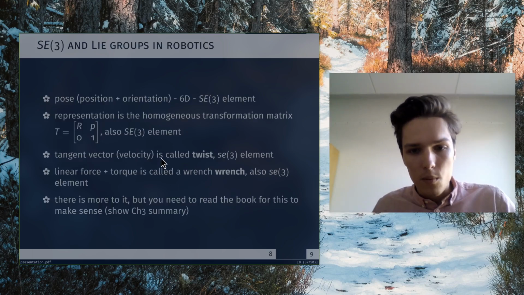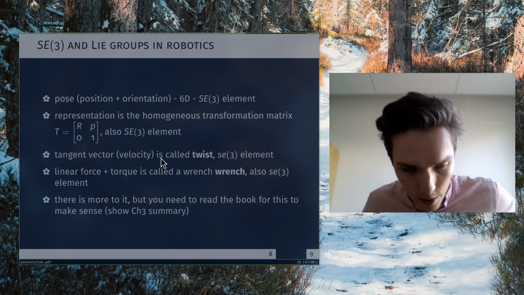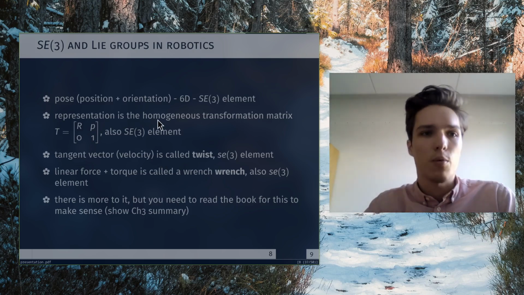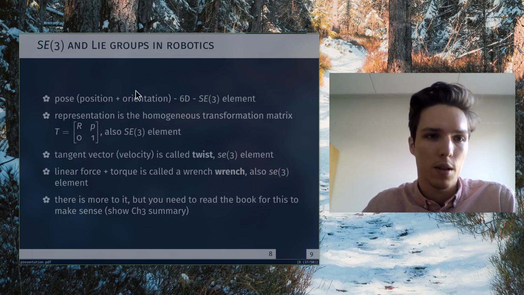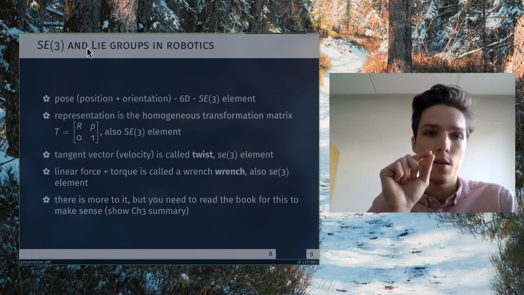Okay, and now let's just go all out with the primary group we care about. That's the SE3 Lie group, and if you write it in small letters, se3, that would be the Lie algebra.